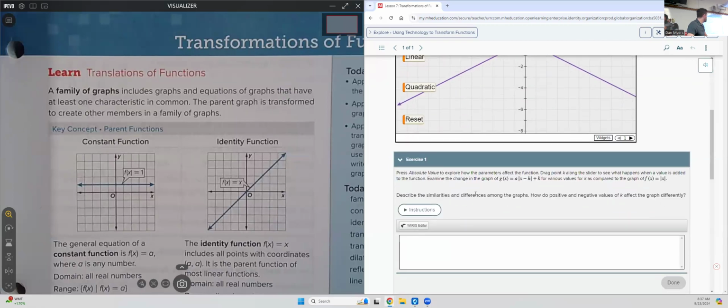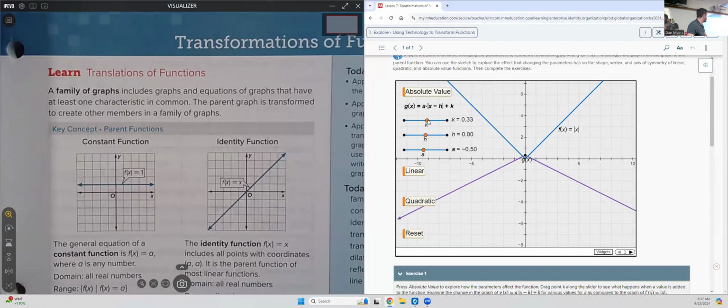It says describe similarities. What are the similarities between the parent function in blue and the translated function in purple? How are they similar? How are the blue and the purple functions alike? I mean, they're not entirely different. How do they look similar?